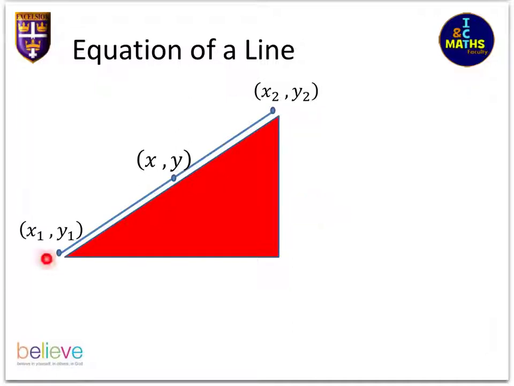This triangle is from the same start point, x1, y1, but this time its hypotenuse goes the full length of the line segment to x2, y2. And basically my equation of the line is going to come about as a consequence of investigating the different lengths on these similar triangles.